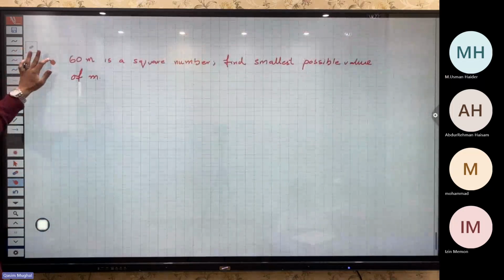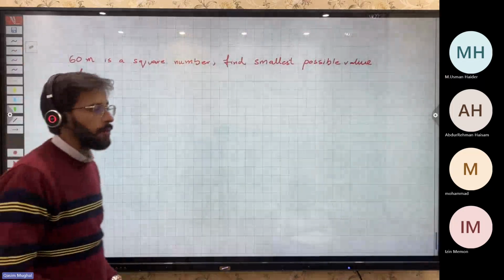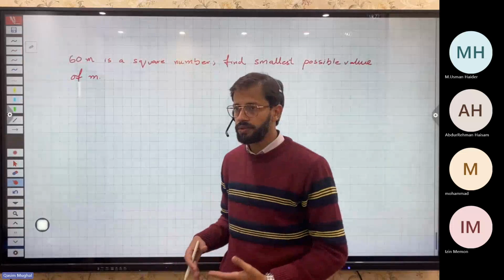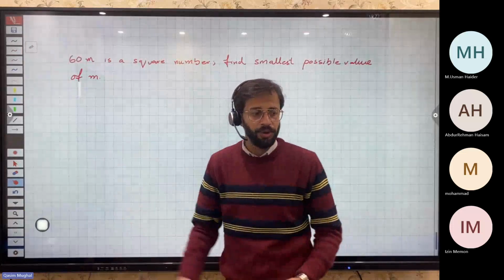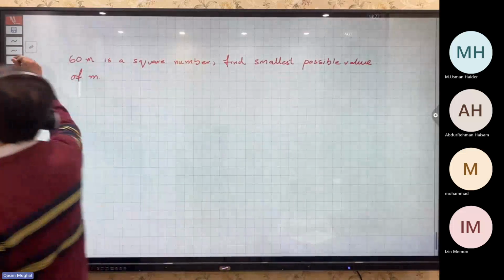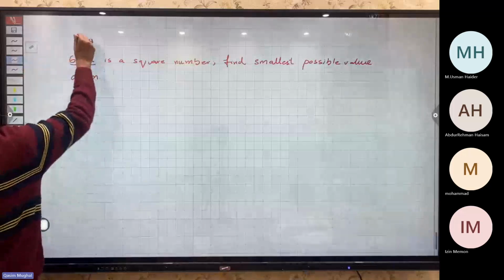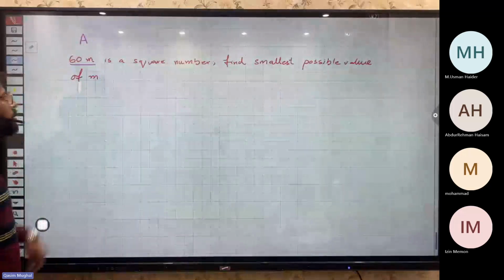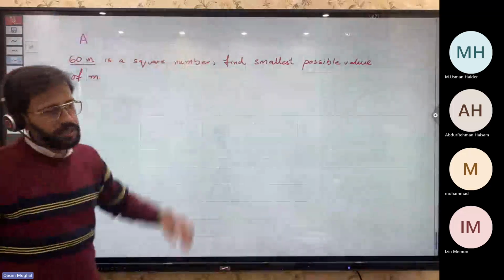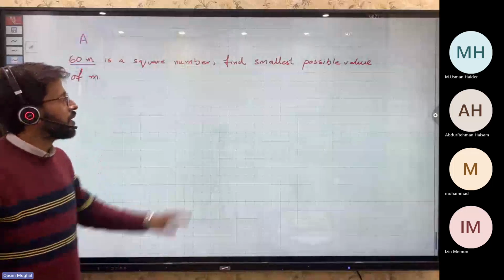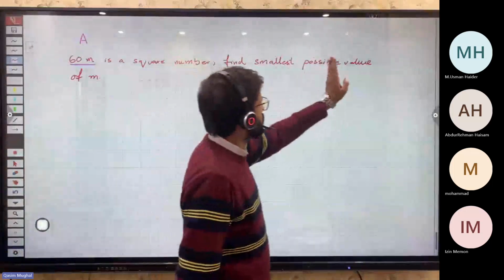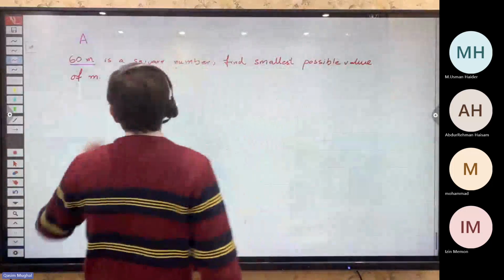Now the examiner is telling you that 60 multiplied by m, not 60 just alone, whatever that number is. Let's say that number is a. When you multiply these two numbers, you get a number a, and this number a is a square number. Then he's asking you to find the smallest possible value of m.